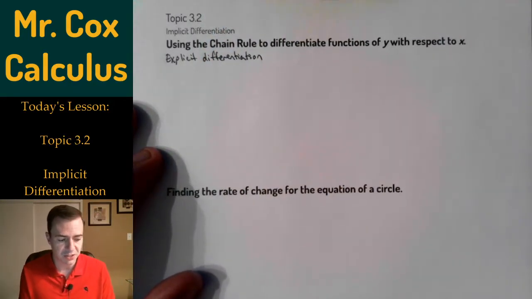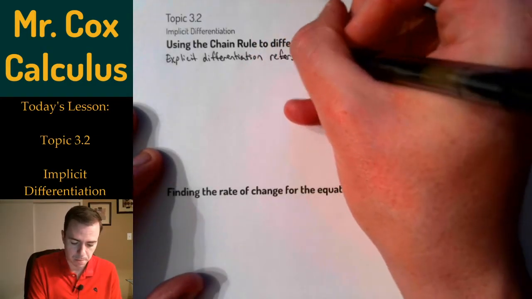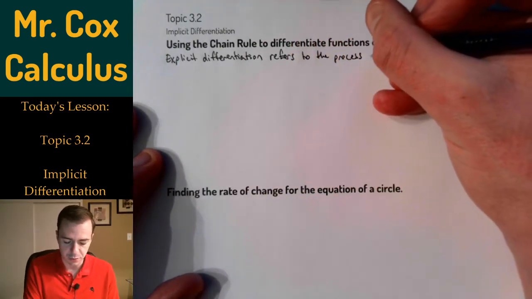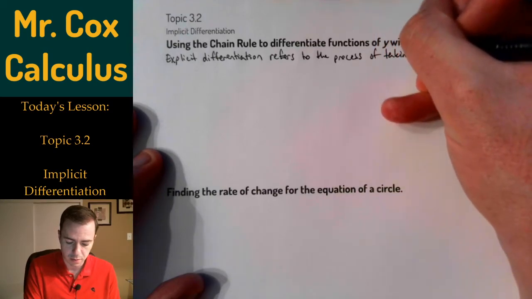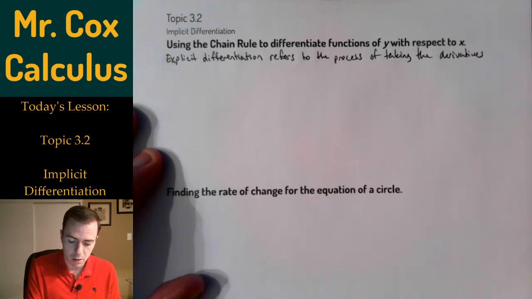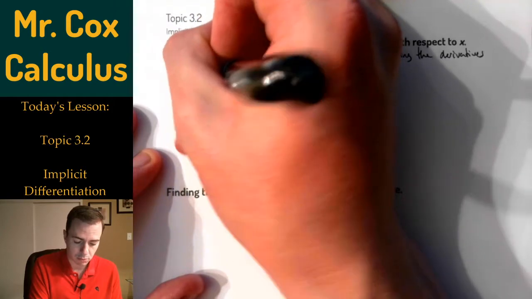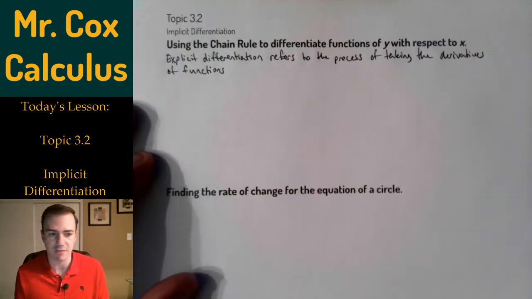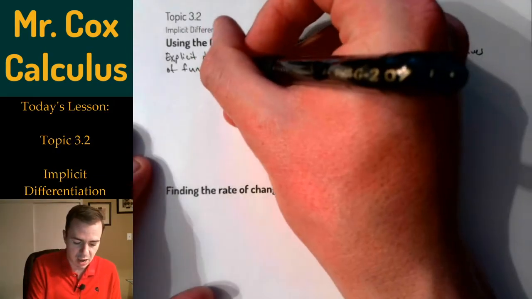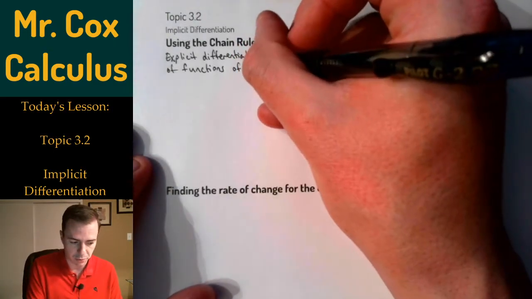But explicit differentiation refers to the process of taking the derivatives of functions of x, meaning everything has kind of began with f of x or g of x equals. Our functions have been functions of x. And we've been taking those derivatives with respect to the independent variable, with respect to x.